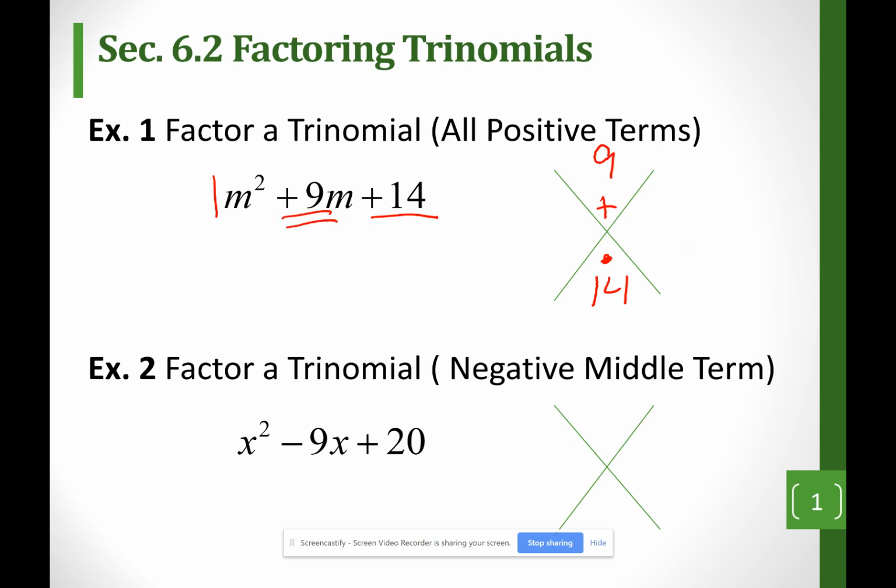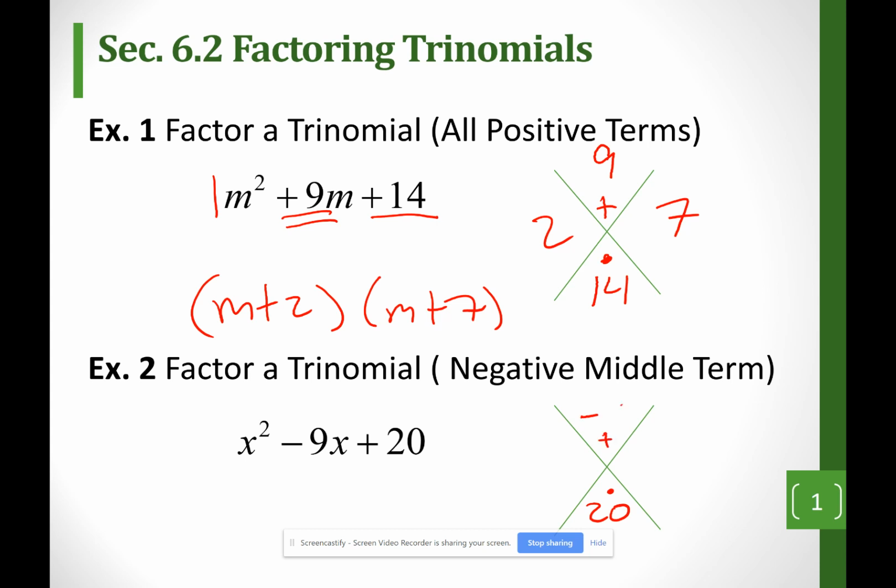You see where I got my 9 from. So two numbers that multiply equals 14, added equals 9. I'm thinking 2 and 7, positive 2, positive 7. So when I factor this, it's going to be m plus 2 and m plus 7. That's it.